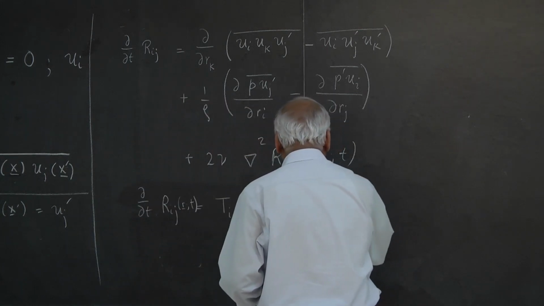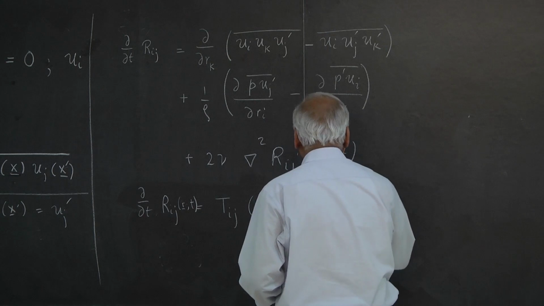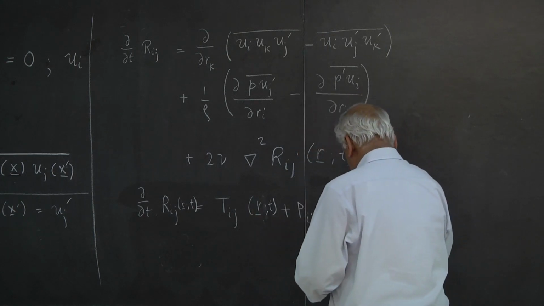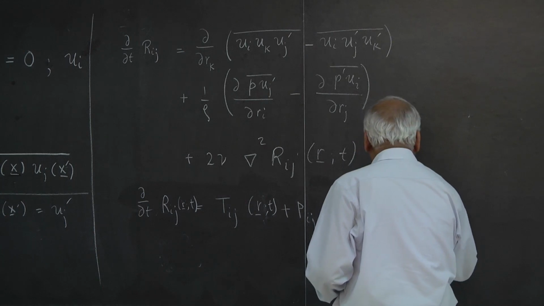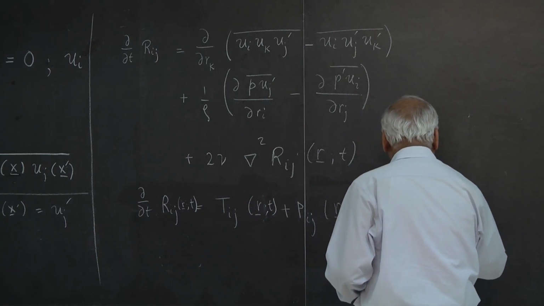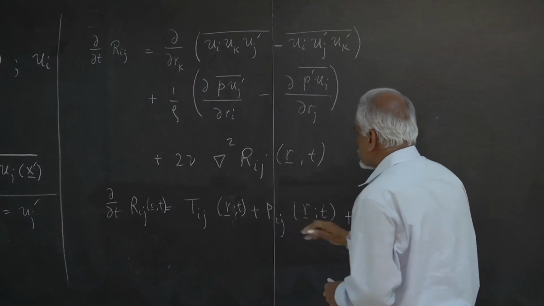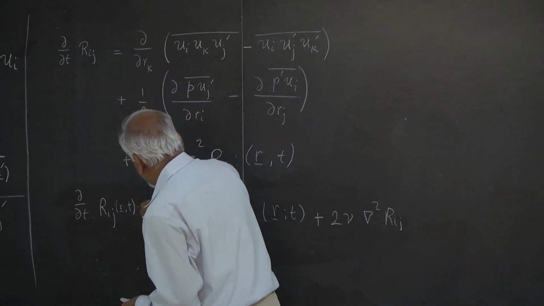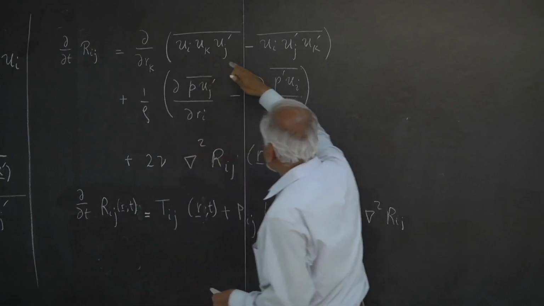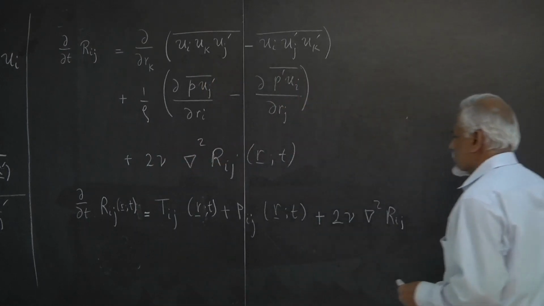So P_ij of R and t, and then I have plus 2 nu nabla squared R_ij. So our object is to solve this equation for R_ij, but we cannot do that because you have higher order terms here and higher order terms there as well.